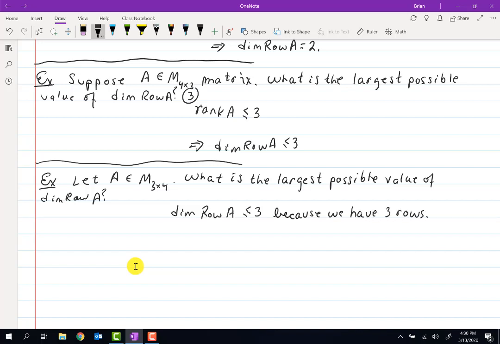And we could have up to 4 linearly independent columns had I not known about this 3. So keep in mind, this also means that the max value for the rank of A is also 3.